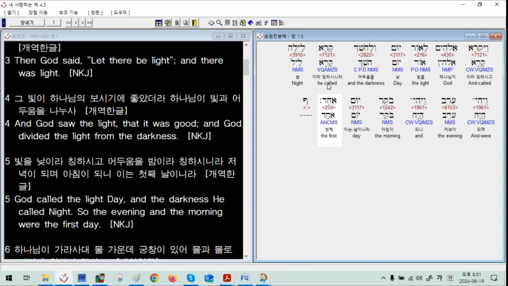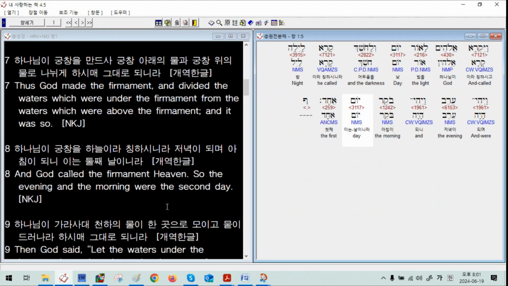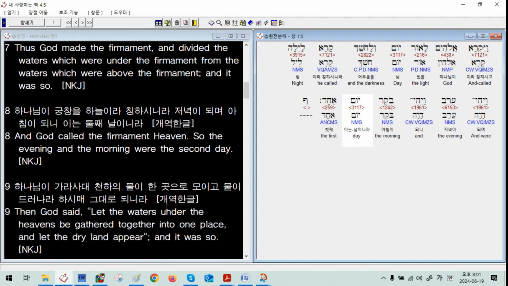So ehad is, if you look at here, ANCMS, adjective, number, cardinal number, masculine singular. So it's not the first day. This is the one day. And then from the second day, third day, fourth day, fifth day, sixth day, seventh day is the ordinal number.